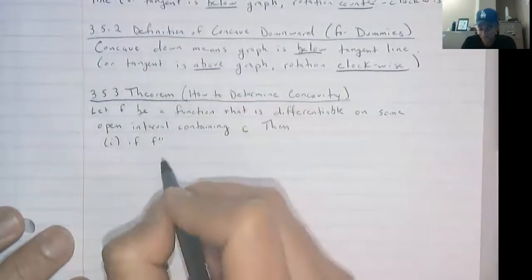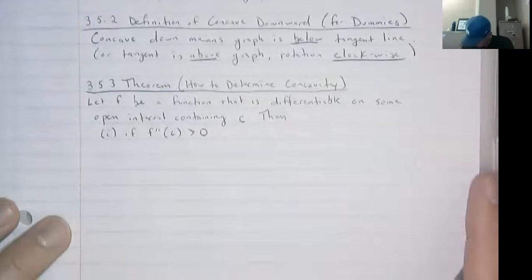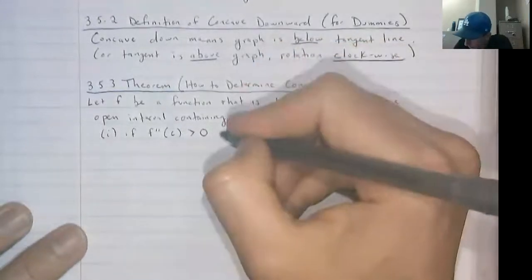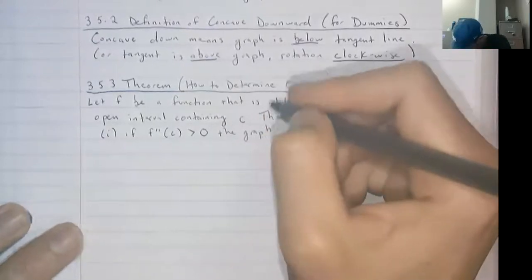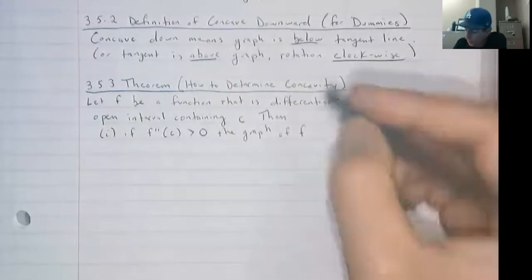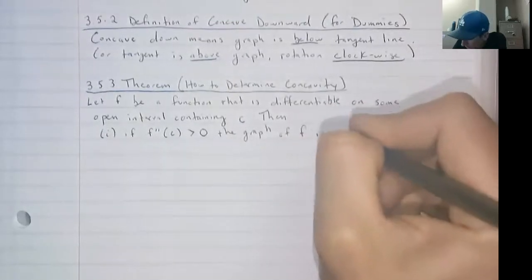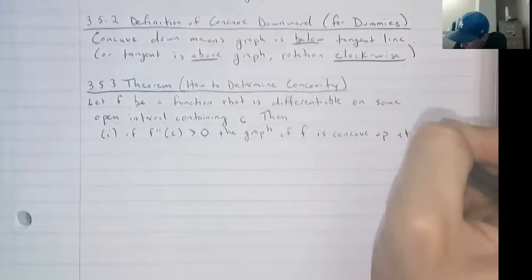Two conditionals. If f double prime, the second derivative, of c is positive, greater than 0, the graph is concave up. And let's be specific. The graph of f is concave up at that point, c, f of c.